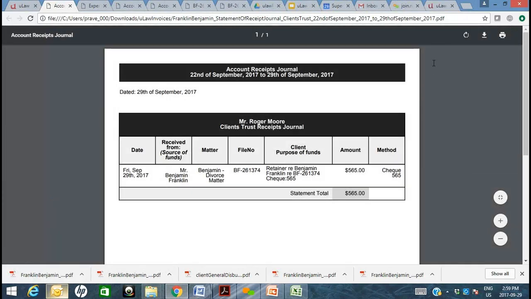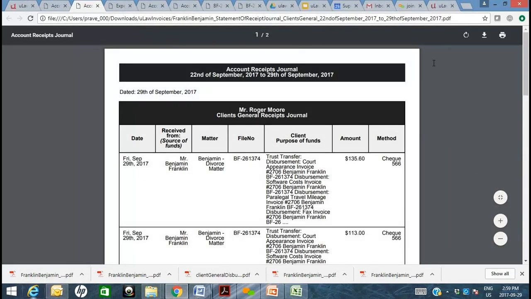You received that $565 as a check of $565. That's all there is. The date, who was it received from, so source of funds, what was the matter, file number, what was the purpose, what was the amount, what's the method. Very important, as I mentioned, in the journal, it's also about the method, how that was received. And here's the general version of it, right?